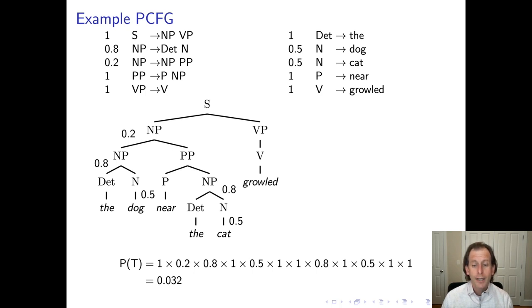And what we find is that the joint probability of this tree, including all of the words, is 0.032, which is a small probability in some sense, but it's actually an extraordinarily large probability to put on any one tree for one string in an infinite language like this. So that's a simple example of the application of a probabilistic context-free grammar.